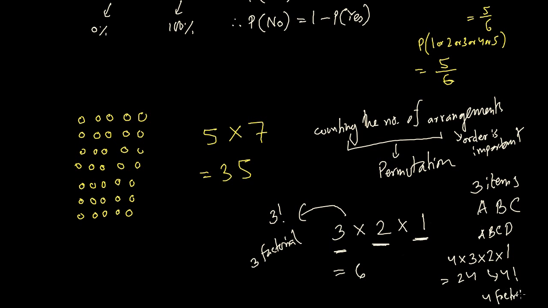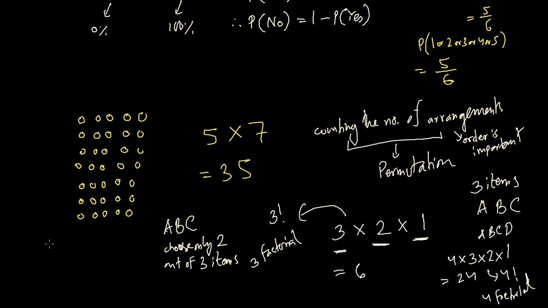Now before I end this, I want to talk about what if you have a number of items but you want to choose only some of them. You don't want to choose all of it. For example, if you have 3 items A, B, C, and you want to choose only 2 out of 3 items, how do you know how many arrangements there would be?